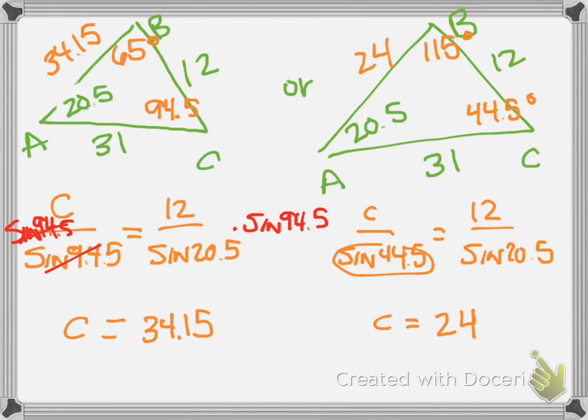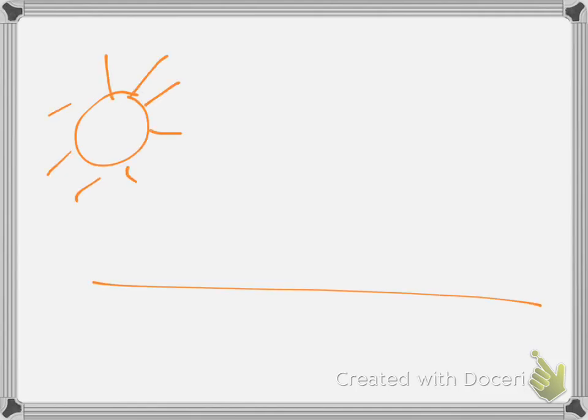Alright, I don't think I'm going to help you with the story problem at the bottom. You know you have a sunshine, and you have a pole that tilts towards the sun 8 degrees from the vertical. So if I draw a pole that's 8 degrees from the vertical, that means this is going to be 98 degrees.